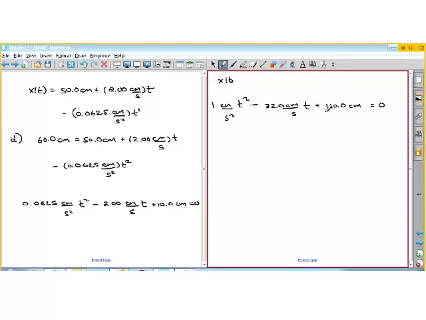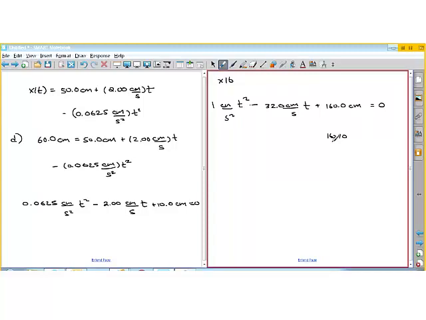How would we do this if we tried to just factor it? You have to think of two numbers multiplied together to give you 160, which is going to be 16 times 10. If you add those together, you get 26. So that's not going to work.